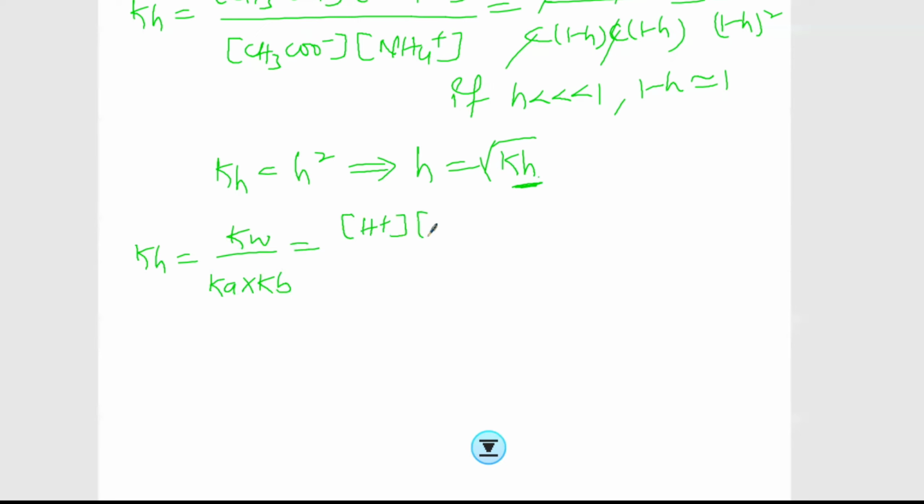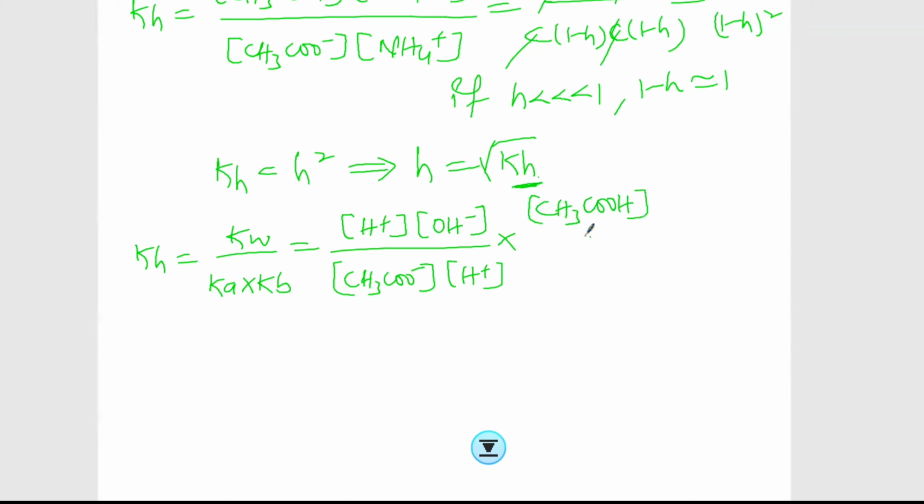Concentration of H plus into concentration of OH minus divided by, first, the dissociation constant of the acid: ions CH3COO minus, H plus, and in the denominator write the reactant, that is CH3COOH. And here Kb: ions first, NH4 plus, OH minus, and in the denominator the reactant, NH4OH.